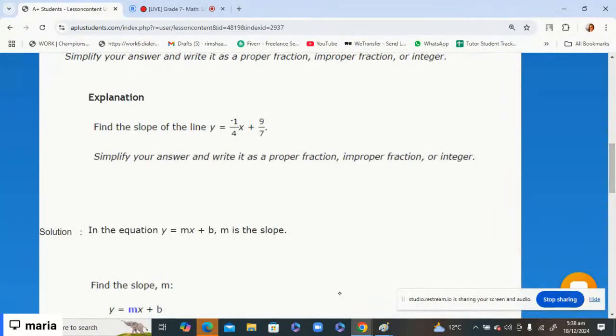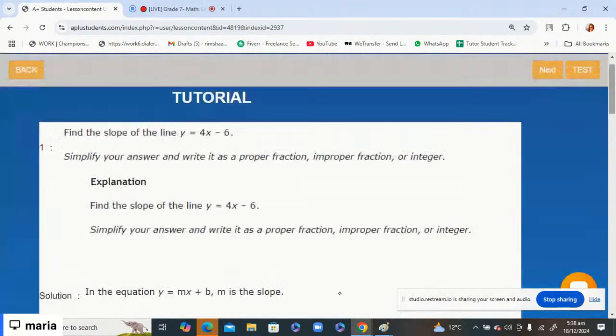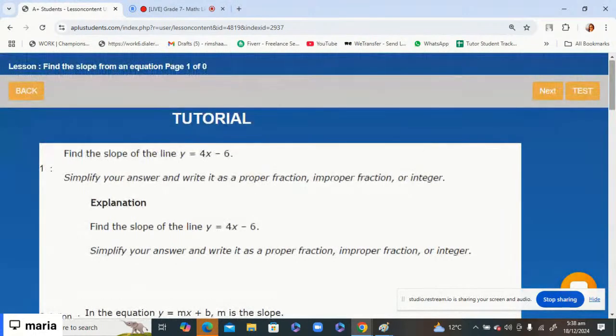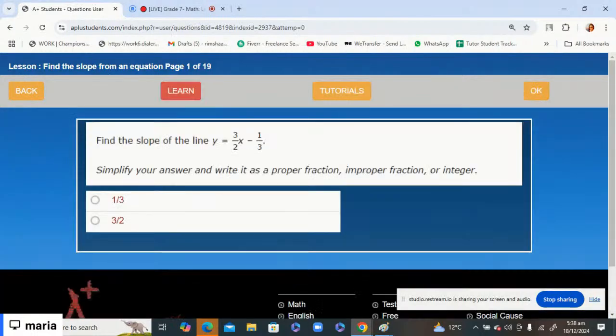Now let's do the test questions. Find the slope of the line y is equals to 3 by 2x minus 1 by 3.